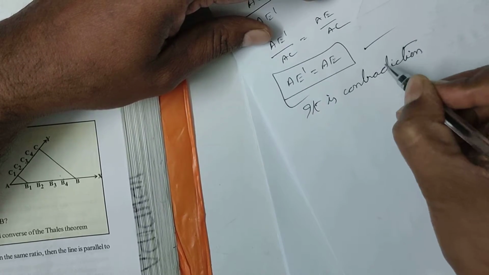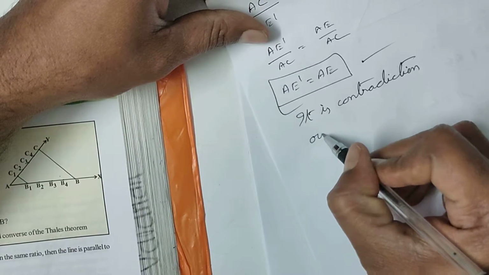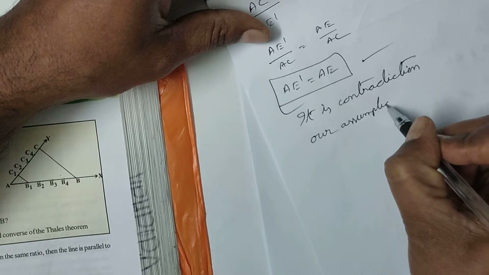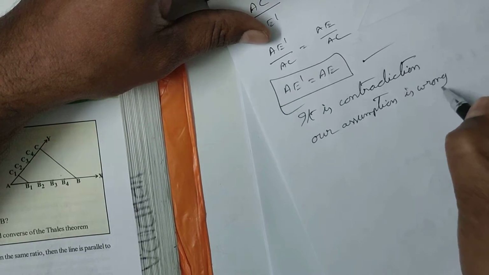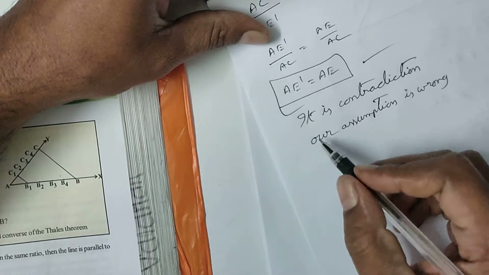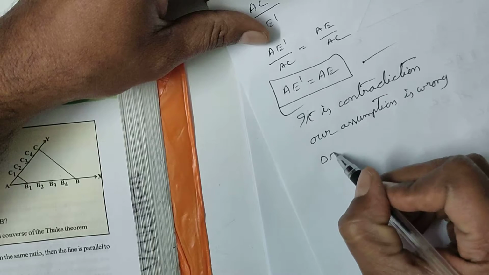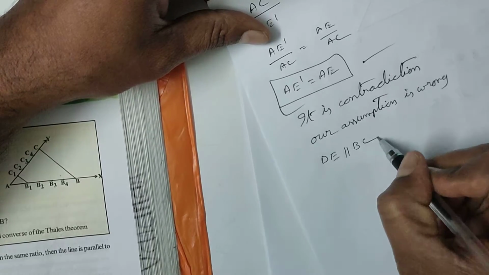Then what you have to do is, our assumption is wrong. Our assumption is DE dash is not parallel to BC. Therefore, DE is parallel to BC.